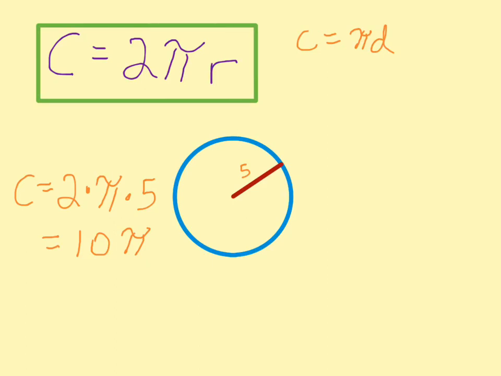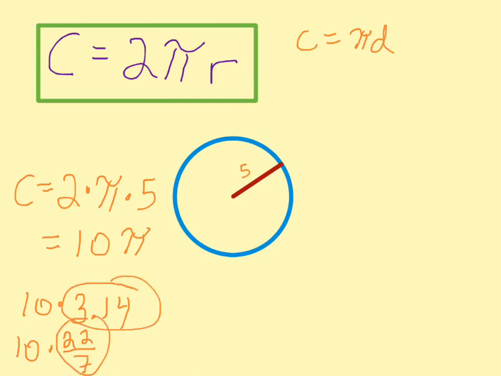Now that's called the exact answer. And then if I want an approximate answer, I can either pick up my calculator and do 10 times pi on my calculator and equals, or I can do it by hand and do 10 times 3.14, or I can do 10 times 22 sevenths, because 3.14 and 22 sevenths are approximations of pi.